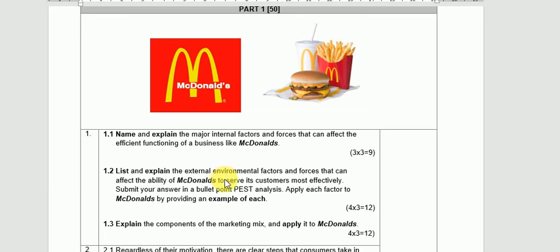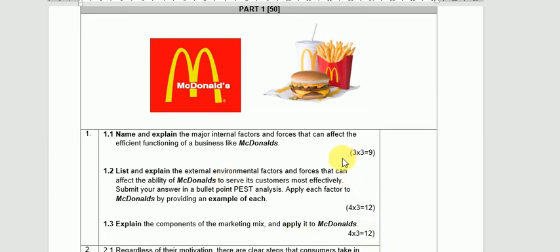Remember, I said this morning in class, the internal factors are those factors that you can actually control, and those are the factors that you have to adjust according to what your external forces indicate, where your challenges and threats lie.